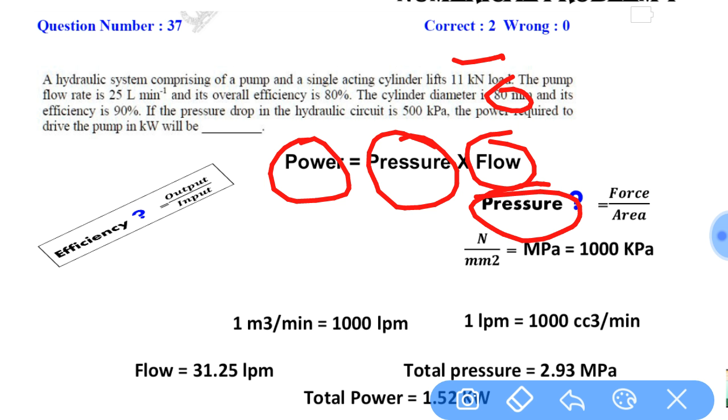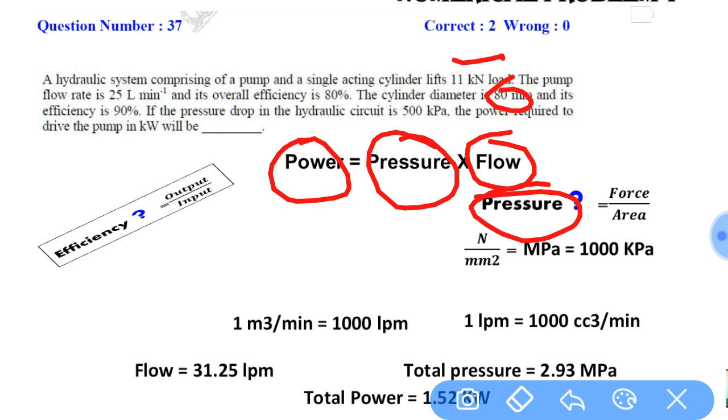Now there is one trick in any numerical problem. You need to see the units very carefully. In a hydraulic system you need to remember only 2-3 units, then there won't be any mistake. Here the unit of the load is kilonewton.